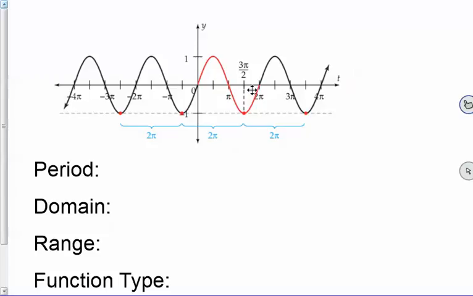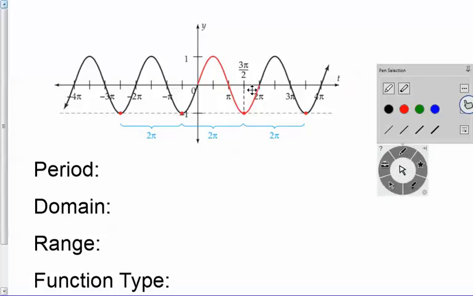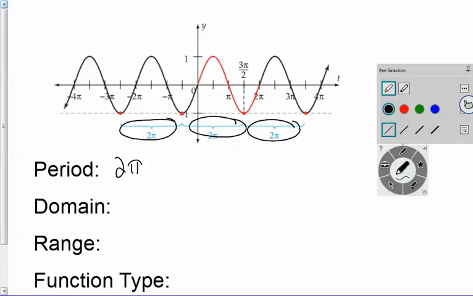So the period is going to be 2 pi. What does that mean? That means that here, here, and here it repeats itself.